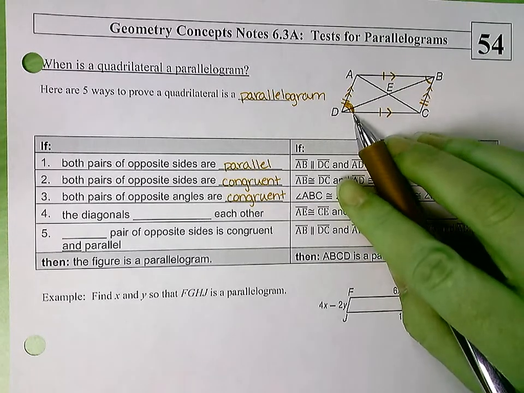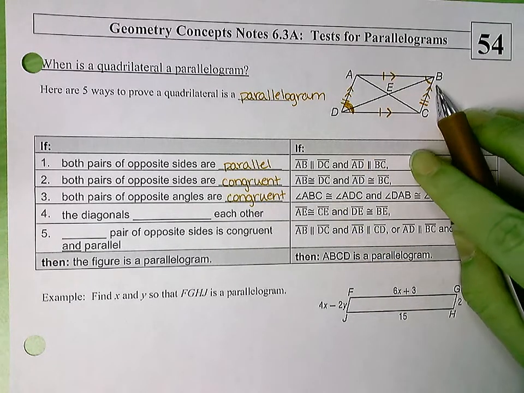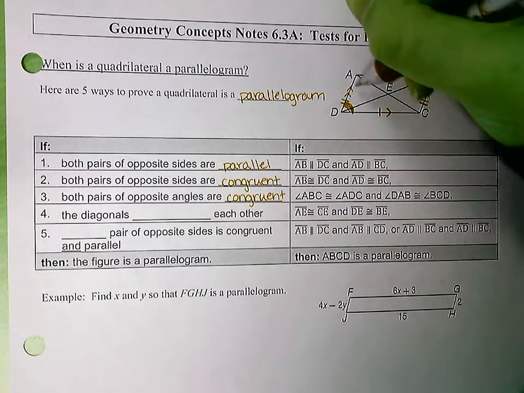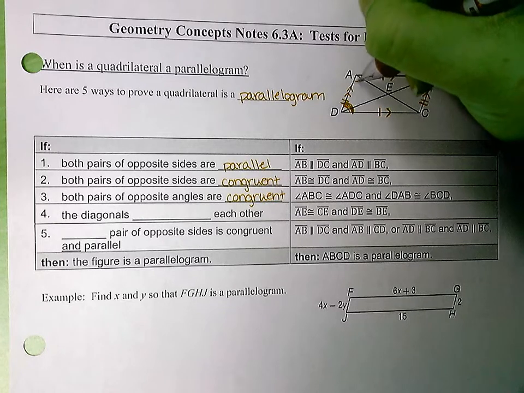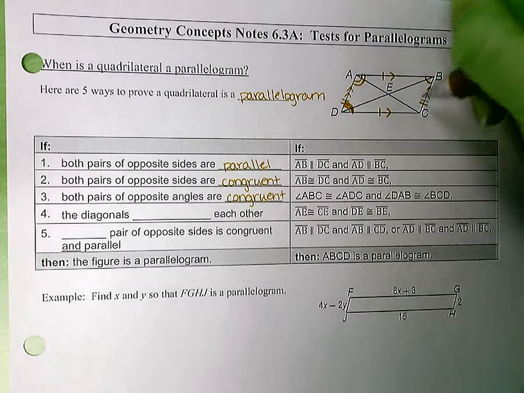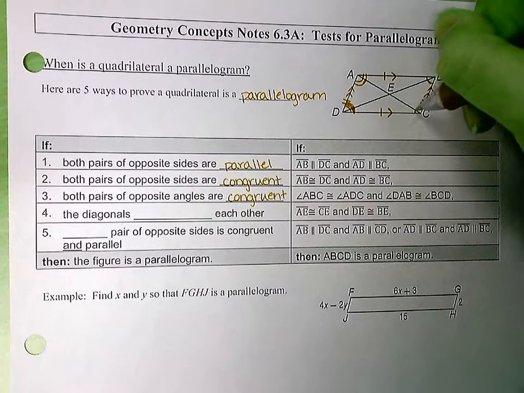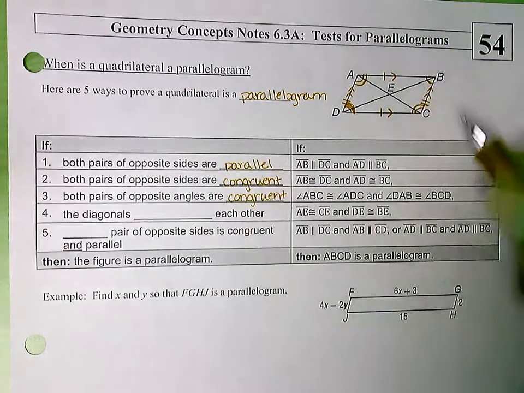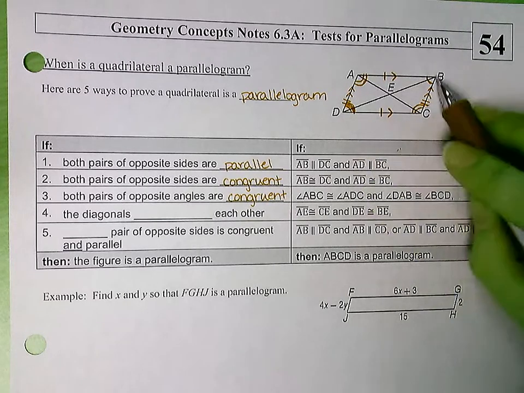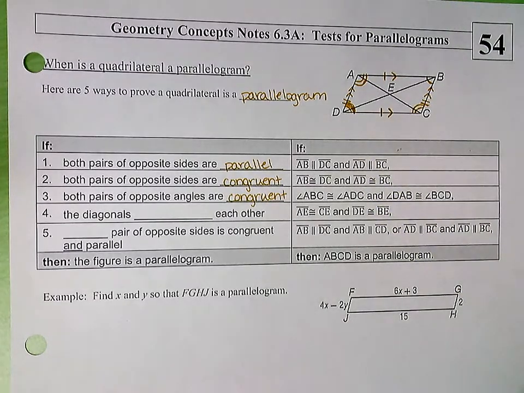So if this angle is congruent to this angle, and angle BAD, so this one right here, is congruent to BCD, this one right here. So if both pairs of our opposite angles are congruent, then it is a parallelogram.